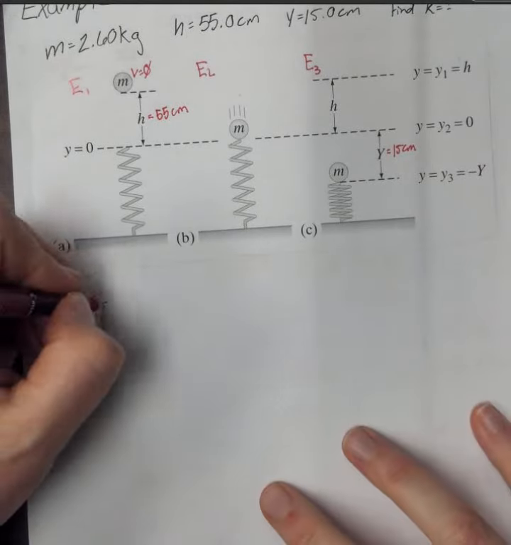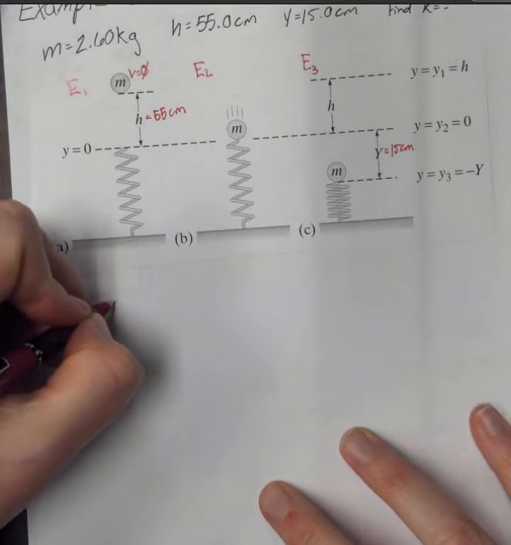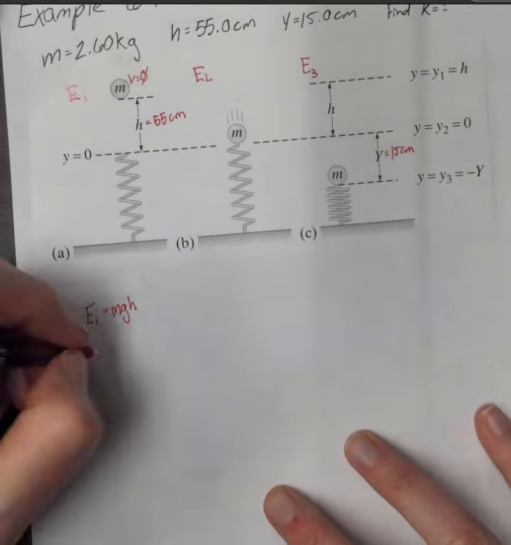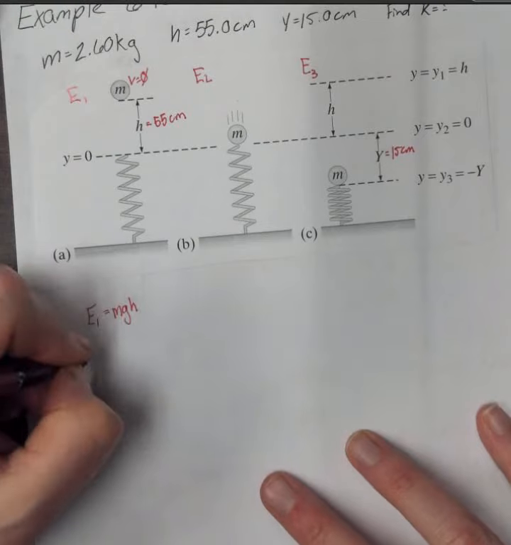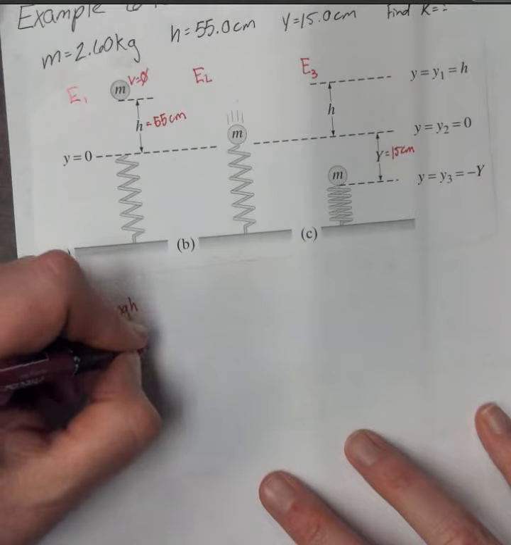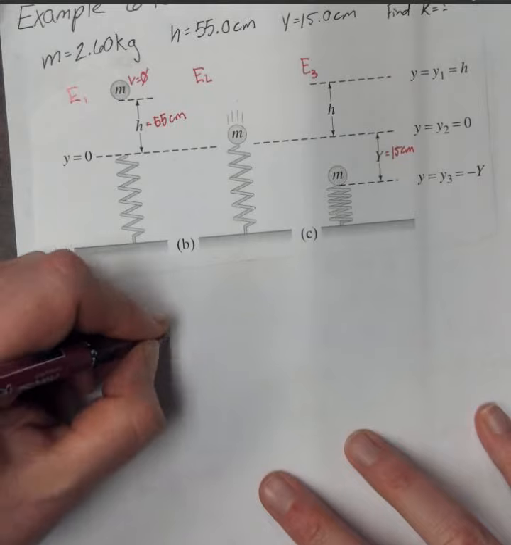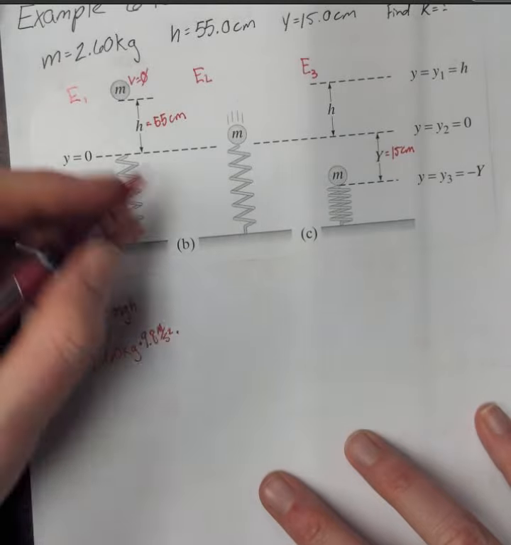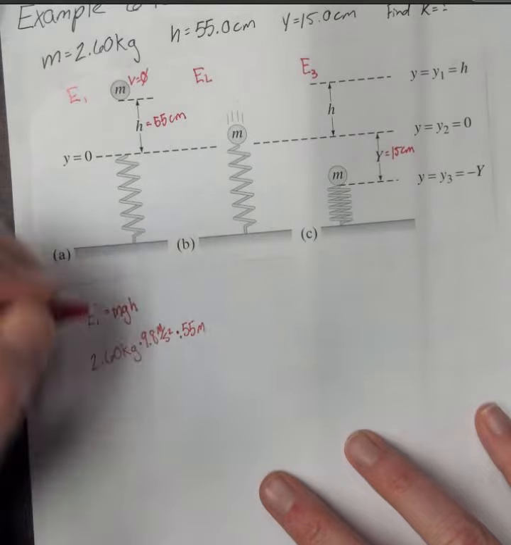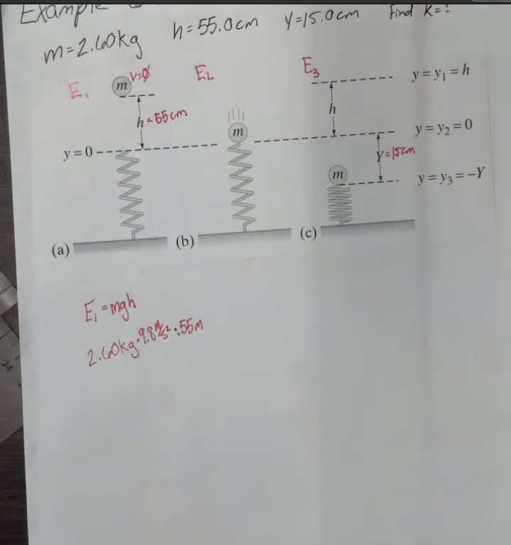So the energy at point 1 is going to be equal to mgh. So I can say that that's going to be equal to 2.60 kilograms times 9.8 meters per second squared times a height of 0.55 meters. And that will be my energy at the first position.